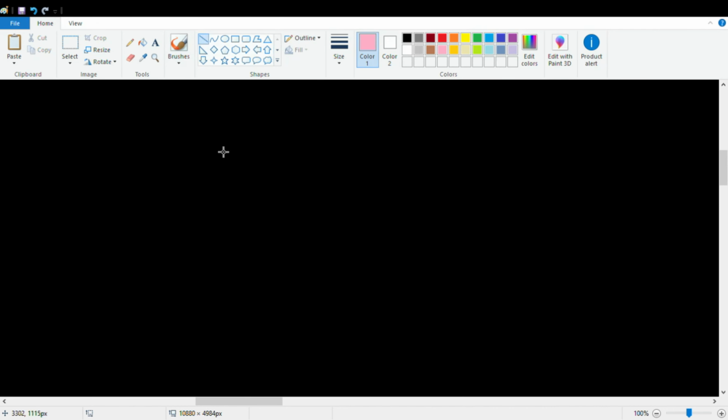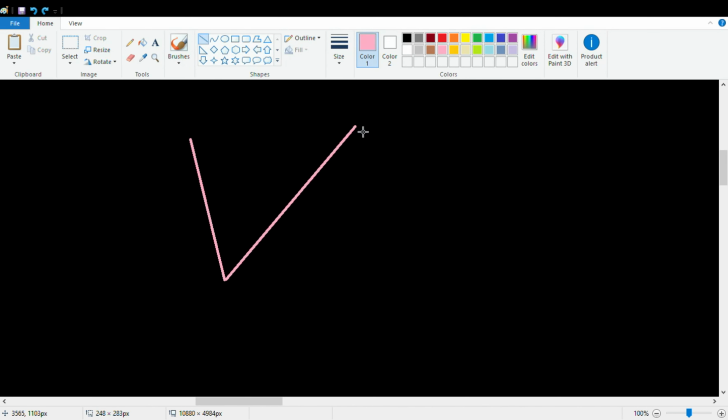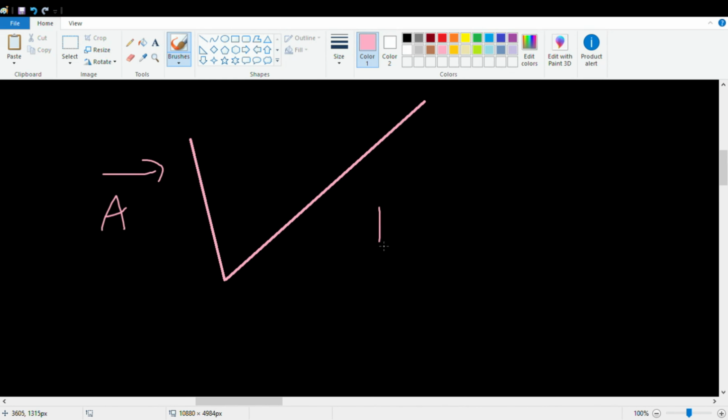So, let me demonstrate. Vector A, vector B, about something like this. There you go. Vector A, vector B. So we want to find the portion of this that is perpendicular to vector B. Now, how we go about doing this is very simple.